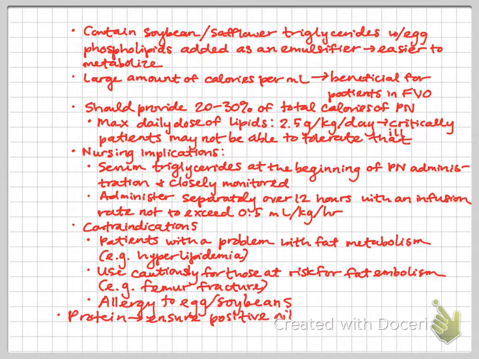Positive nitrogen balance. And we want more nitrogen so that we can create more protein, so that we can create more tissues, because nitrogen is essential in constructing protein. The rate of protein administration is 1 to 1.5 grams per kilogram per day.